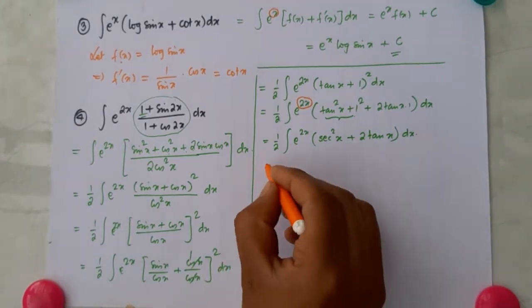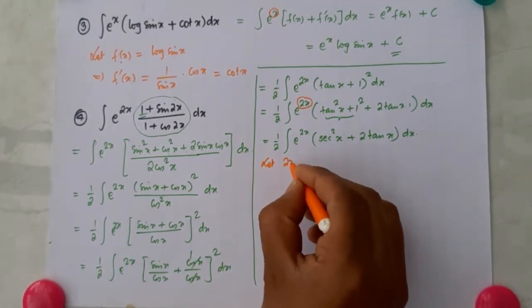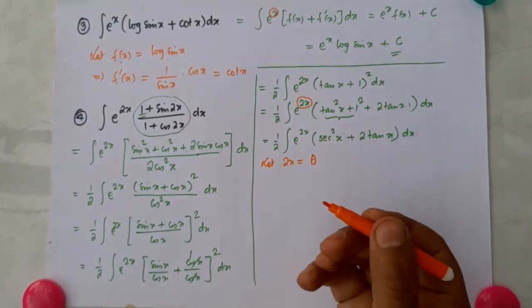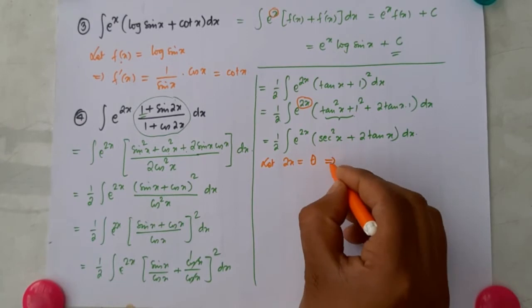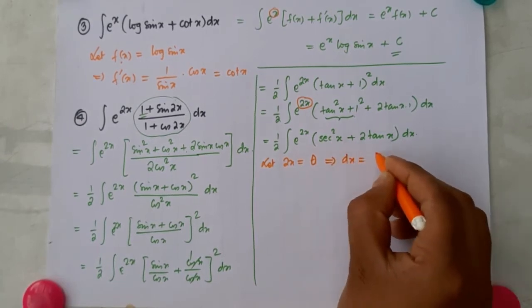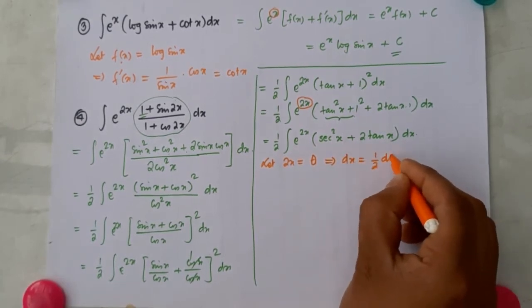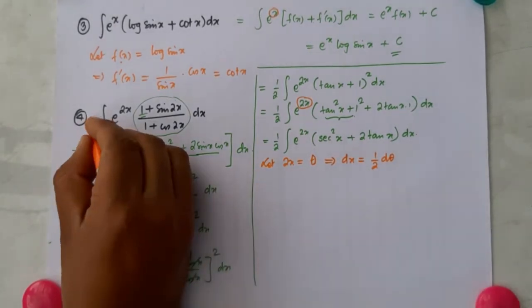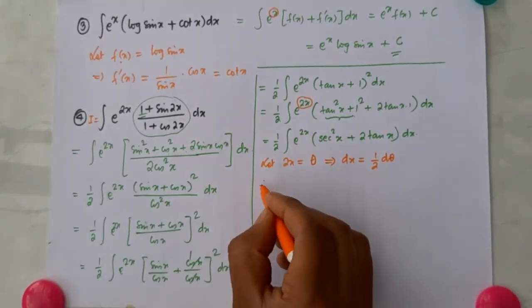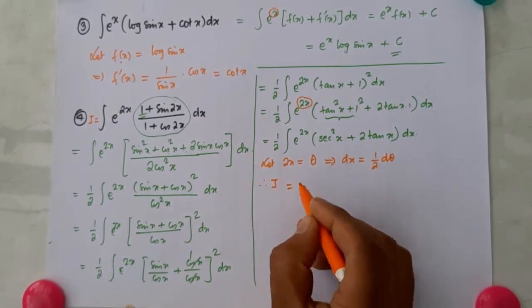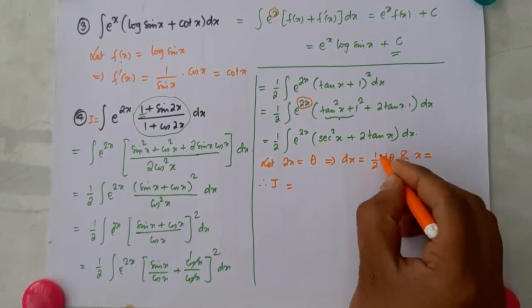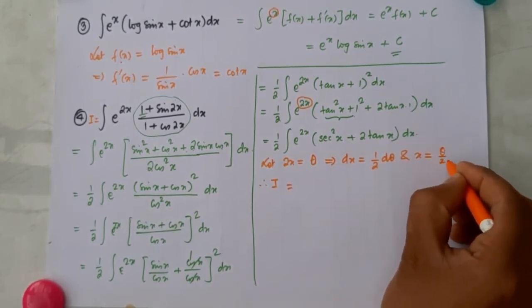So for that, let me take 2x equals t, or if you want to take theta, that is also fine. So from here you see that dx will be equal to half of d theta, by differentiating. If you call this integral I, then I becomes, see here carefully, x is how much? x is theta by 2, right?